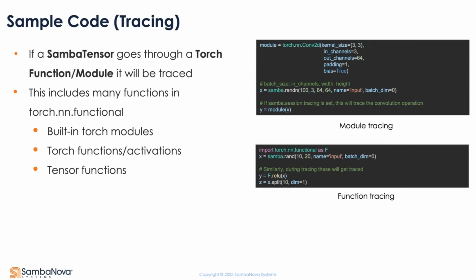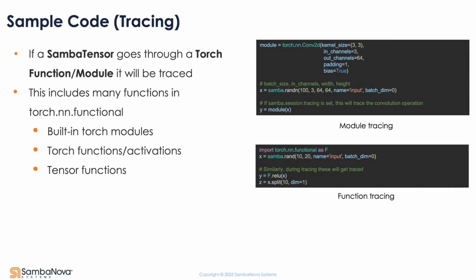So there's no need for you to explicitly convert there. You just feed it a Samba tensor and it will trace it for you. It does the same thing not just for modules, but also for functions. For example, we're calling ReLU on a Samba tensor. That will automatically be pushed to the SambaFlow version of ReLU and give you back the result.